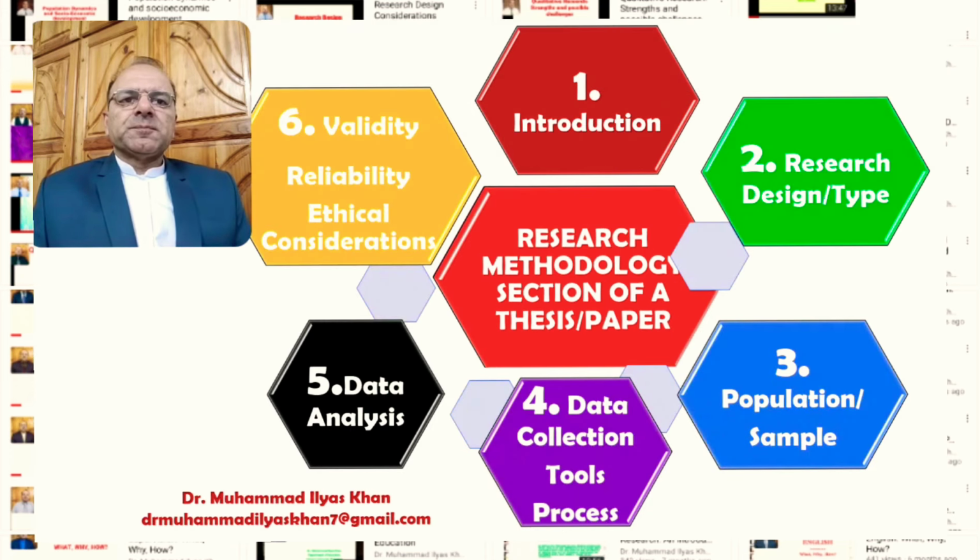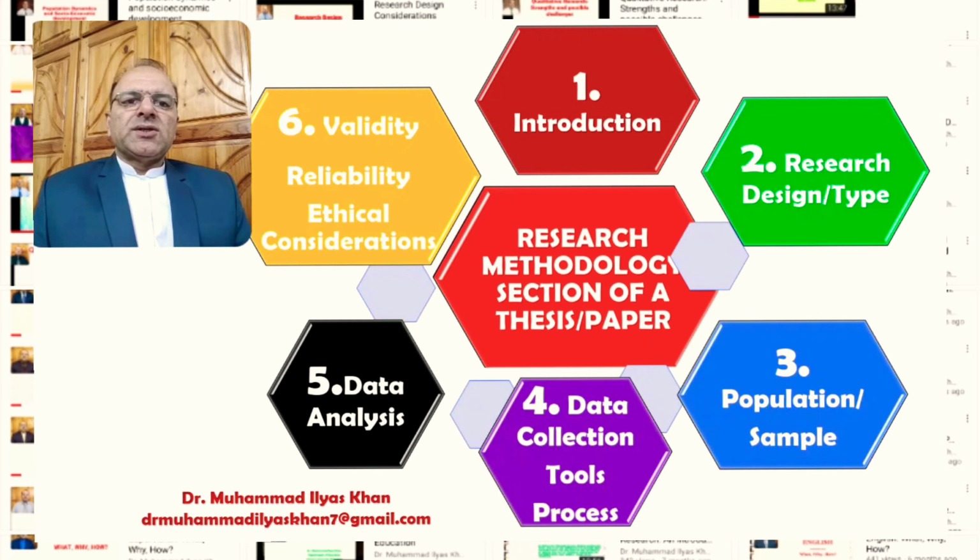So generally, the research methodology chapter or section has these 6 parts. The first one is the introduction. The second one is the research design or type. The third one is the section that is related to the population and sample included in the research.